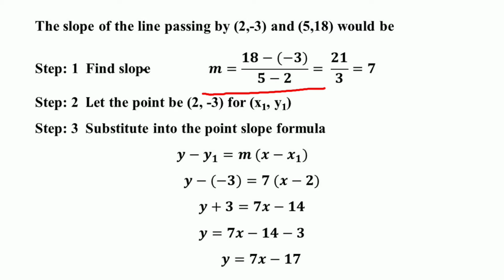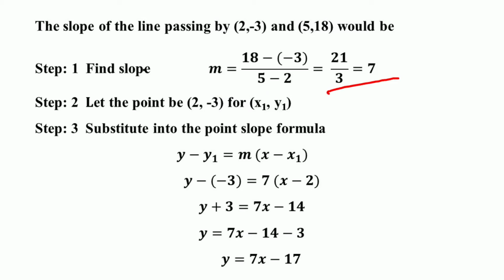The 2 points are 2, minus 3 and 5, 18. So by considering the values of x1, x2, y1, y2, the slope is 18 minus minus 3 divided by 5 minus 2. So 18 plus 3 is equal to 21, 5 minus 2 is equal to 3. So 21 divided by 3 is equal to 7.